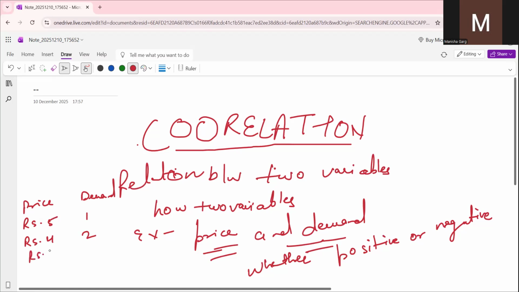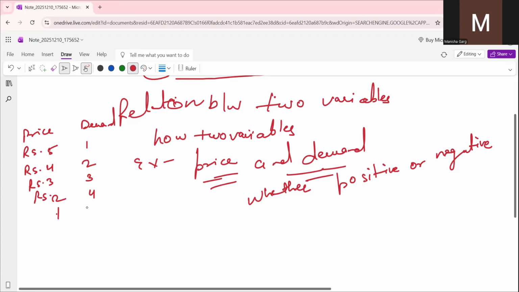Rupees 3, we will increase demand to 3. When the price is 2, the demand will increase to 4. And when the price of a good decreases to 1, the quantity demanded will be 5.